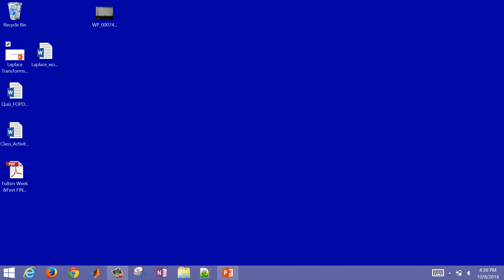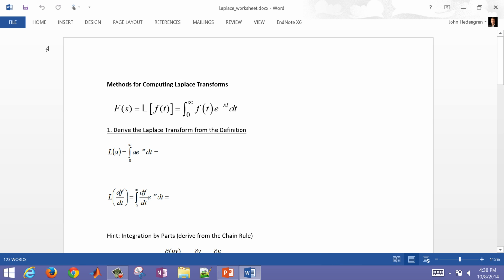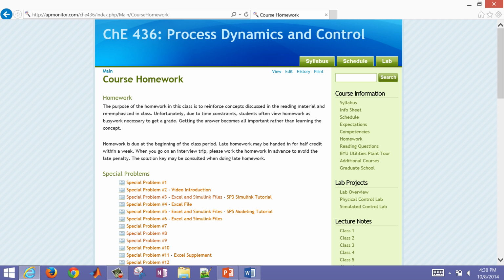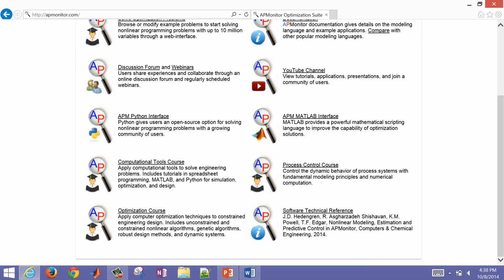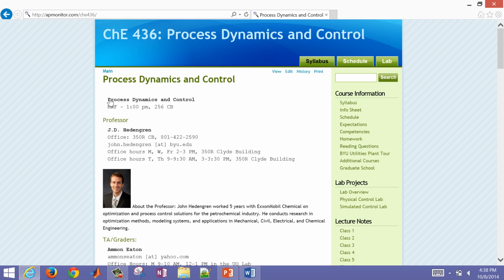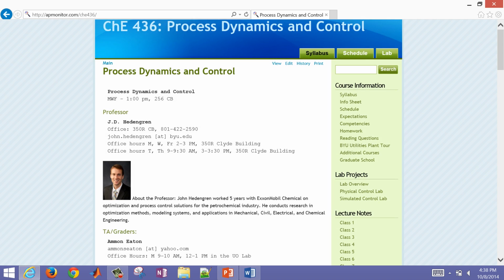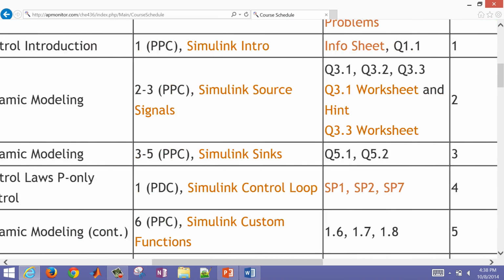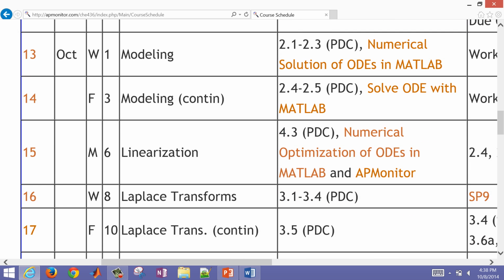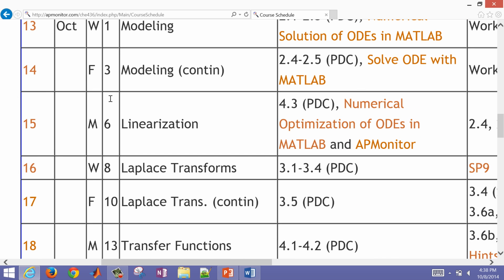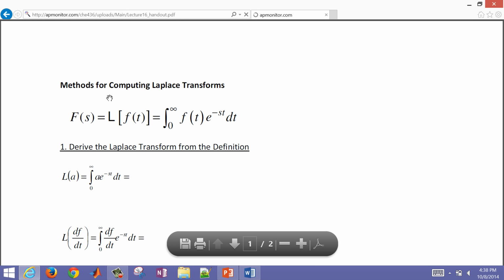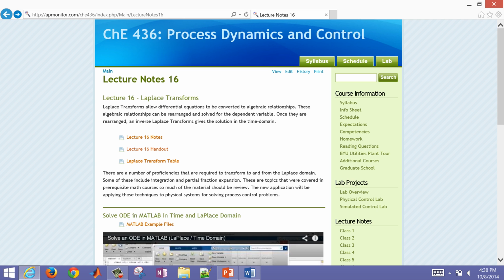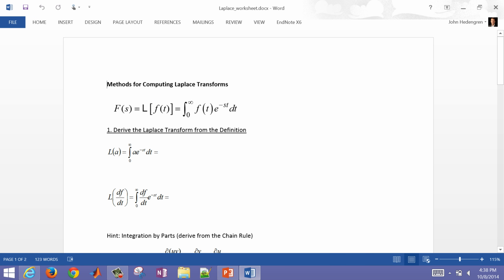If you want to go to the course website, go to APMonitor.com and visit the process control course, and if you go to the schedule and down to the lectures, we're going to be posting this to Laplace transforms, and this is the lecture 16 handout. I'm just going to use this in Word so I can write on it.